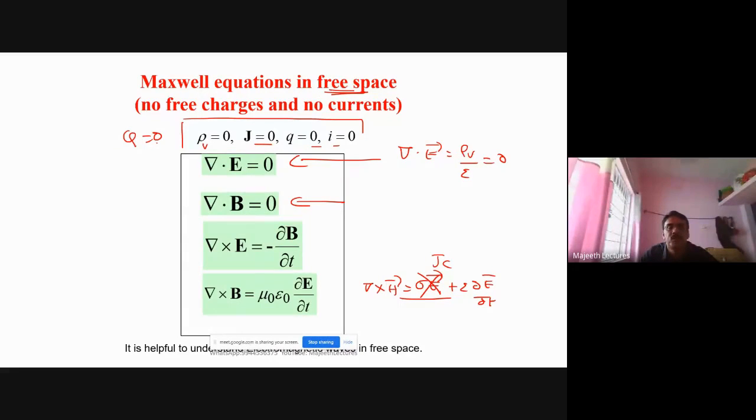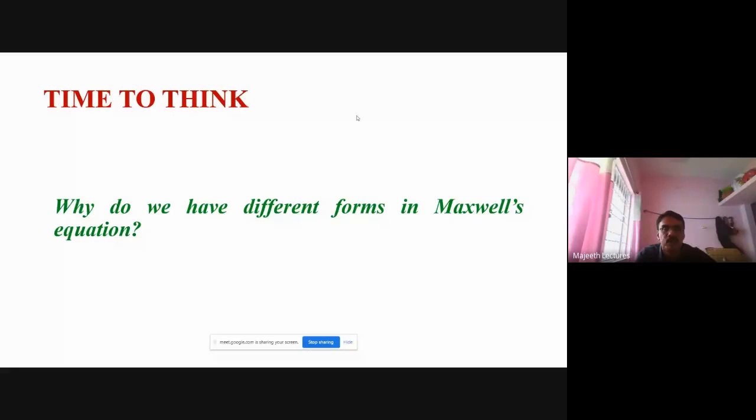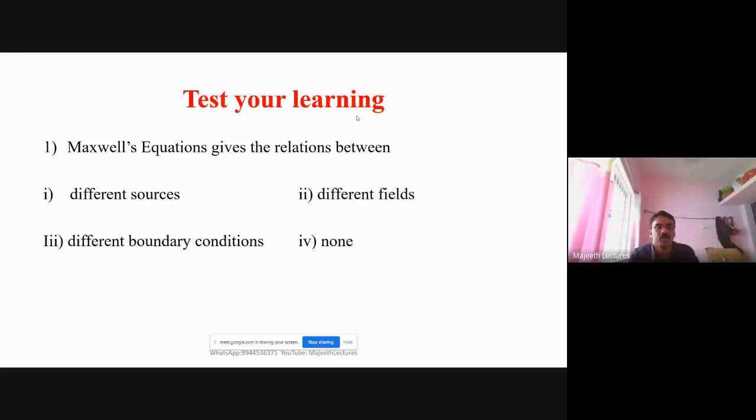So that's Maxwell's equation in free space. What is free space? A space without charge and current. That is called free space. Why do we have two different forms in Maxwell's equation? Think over it and tell me the answer in the groups. Now we test it. Maxwell's equation gives the relationship between different sources?